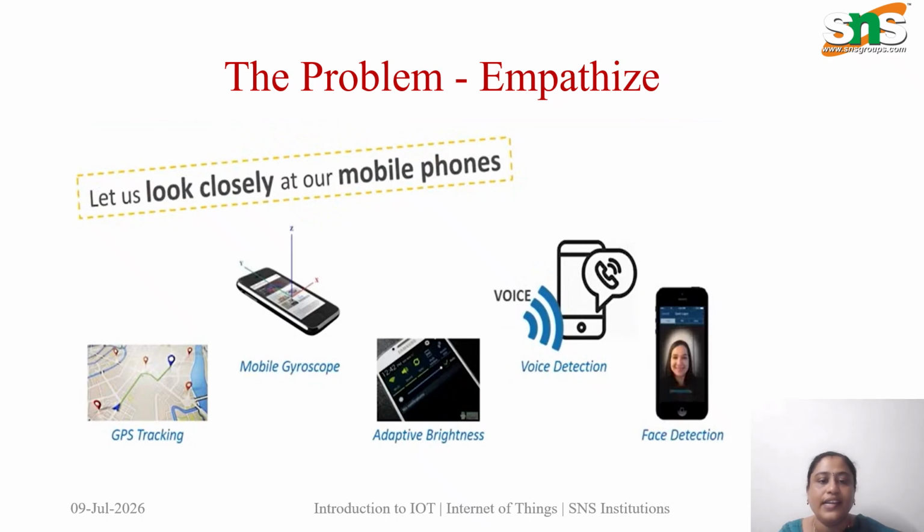As I told you, it is the network of physical objects or the things. So let us look closely at our mobile phones. In our mobile phones, we have GPS tracking, the mobile gyroscope, adaptive brightness, voice detection, face detection, etc. These features are all embedded in our mobile phone.